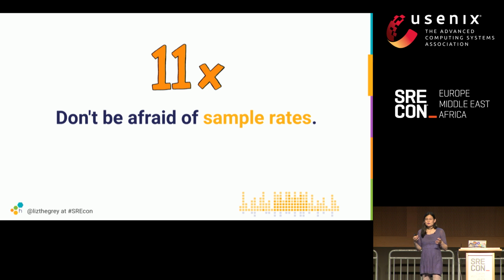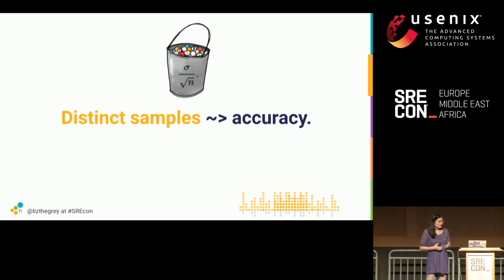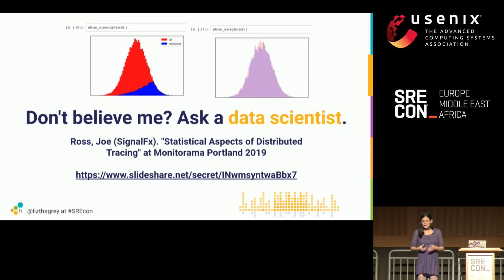It doesn't matter so much whether there are 50 million people in your country or 300 million people in your country, as long as you've sampled at least 50 people if you're conducting an opinion poll, right? So the population size doesn't matter. The only thing that really matters is the variance in the population and the number of samples that we get, not the total number. And if you don't believe me about this, ask someone who's actually a professional data scientist.